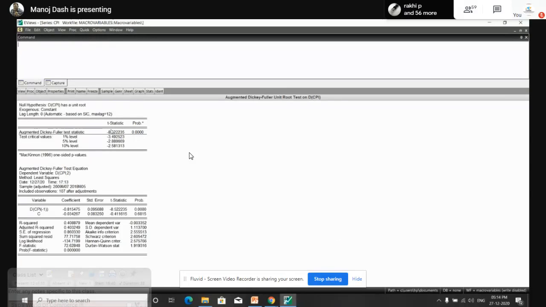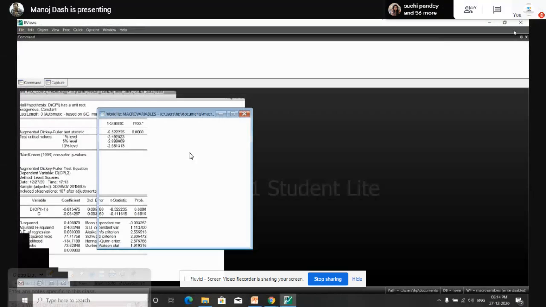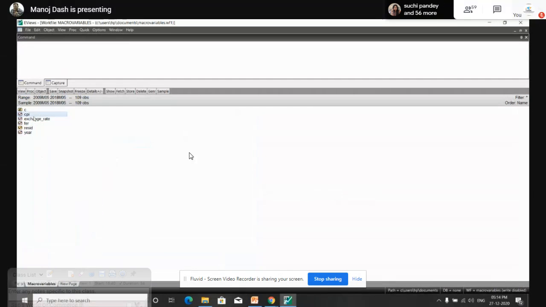Not stationary. So we conclude that DCPI is stationary. Okay. So what will I do? I conclude that all the first differences are stationary. Clear? And I will select all the three.